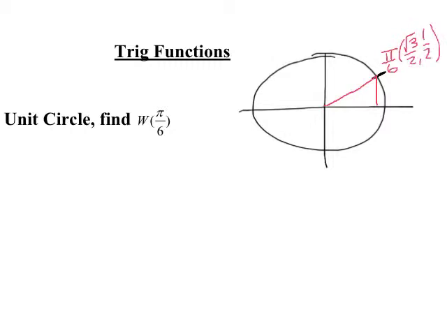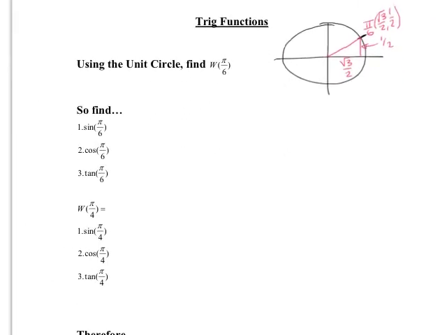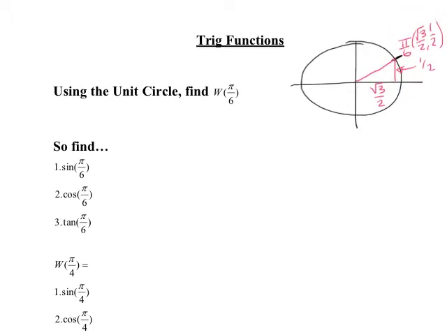And that's one of those points that I told you would be a pretty wise idea to have memorized. So if it's root 3 over 2, that means this side down here is root 3 over 2, and this side right here is a half. So the wrapping function of pi over 6 would simply be root 3 over 2, comma, a half.